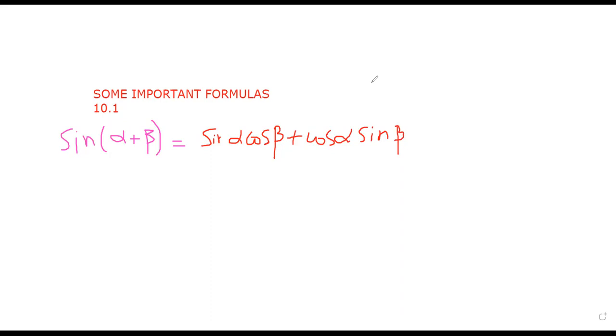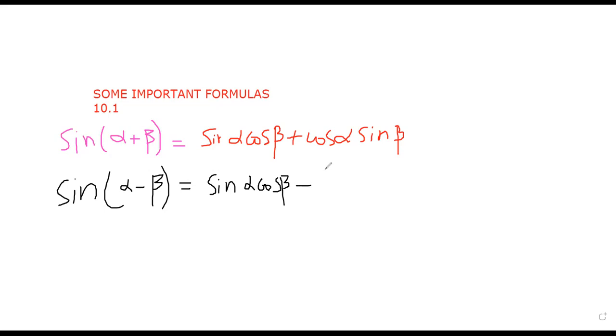Similarly, the formula of sine of alpha minus beta will be equal to the same expression but with a minus: sine of alpha cos of beta minus cos of alpha and sine of beta.